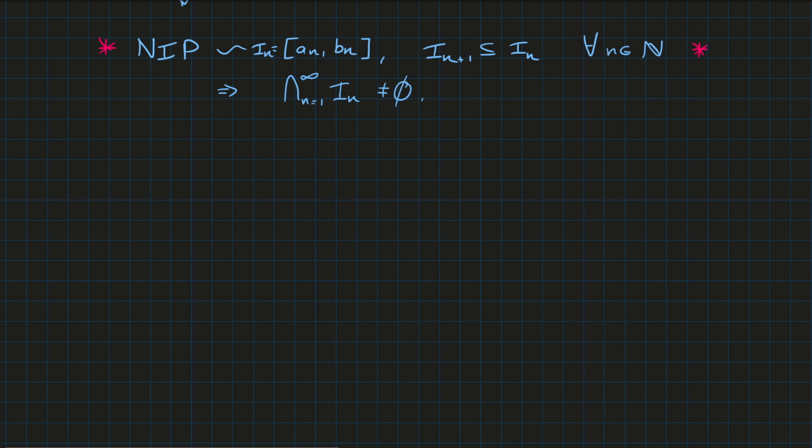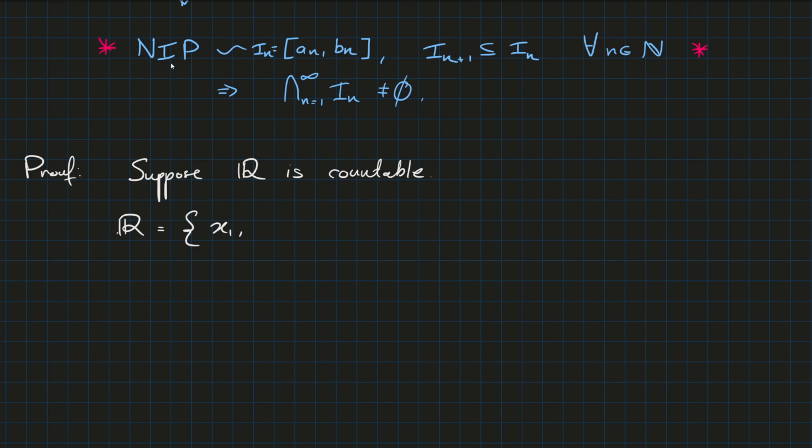Well, it's a similar proof by contradiction, okay? But we use this construction. So suppose R is countable. That means that R is some sequence x1, x2, x3, forever.